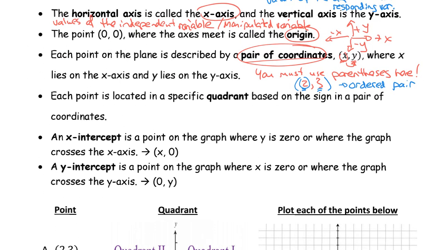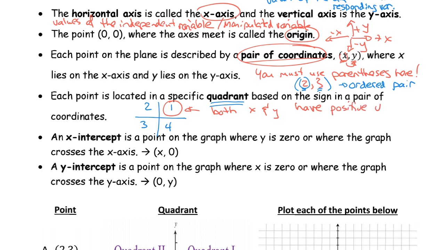Now, each point lies in a specific quadrant. For the most part, we'll talk about that in a second, because the axes divide up the plane into 4 quadrants, and the quadrants are numbered 1, 2, 3, 4. The reason why we start in number 1, often the top right corner, is because in quadrant 1, both X and Y have positive values.